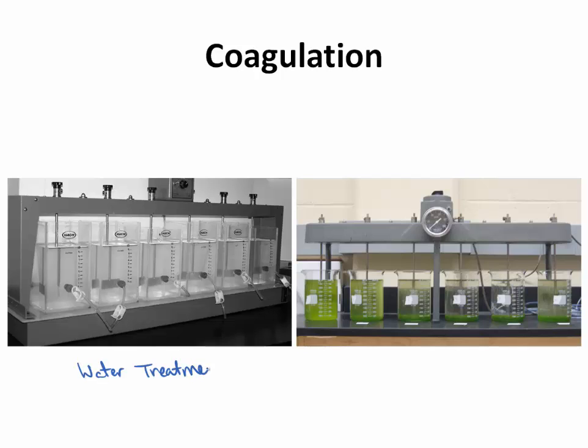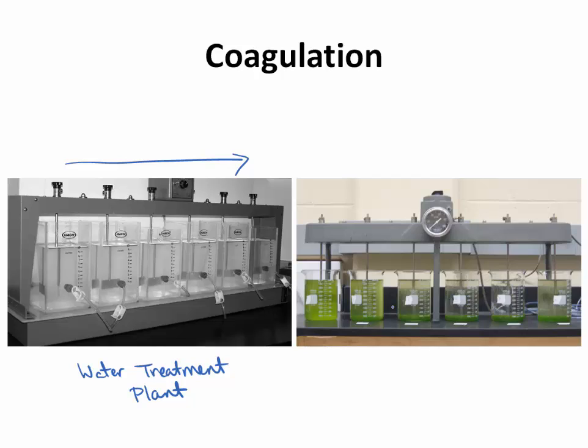The water is all fairly clean, as source waters tend to be, but as you look down the line, you can see that it becomes more clear. So clarity increases at this point. It's a little bit easier to see in this color photograph from my own laboratory where we were trying to coagulate algae.